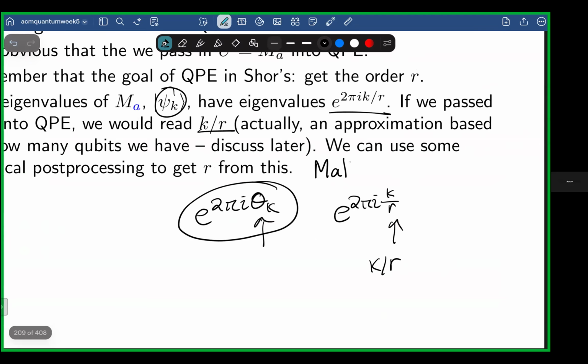And then we found the eigenvectors of that, and we found that the eigenvalues are e to the 2 pi i k over r. So if we ran quantum phase estimation using this MA as our input, and this psi k as our eigenvector, we would output k over r. Does that make sense? By quantum phase estimation. And k over r has the order r in it. So we do some classical stuff and then get r, the order. And then remember again, we use the order to find the factor. Good. Okay.